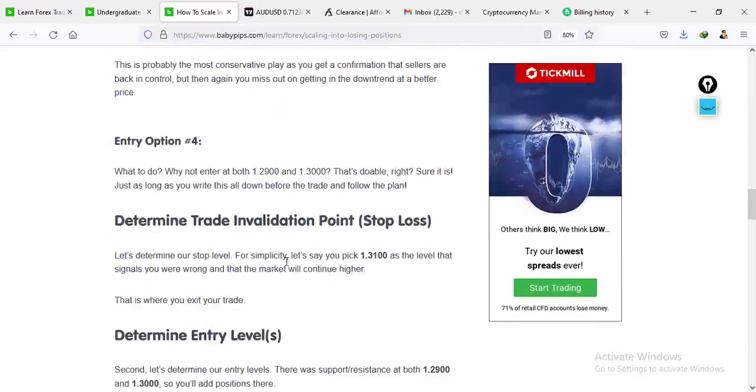Once you have gotten the area where you want to take your trades, and you've calculated your risk and your entry levels, the next thing is to determine your trade invalidation point, which is your stop loss. Where will this trade get to that the setup is no longer valid? That's where your stop loss comes in, at the 1.3100 level.